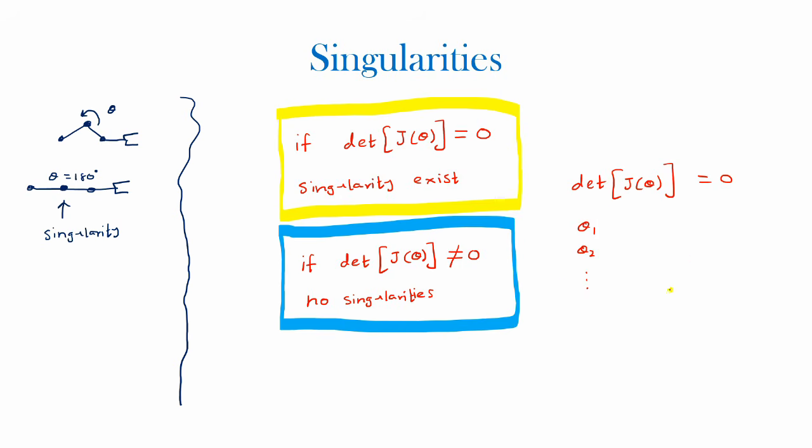And by equating this whole equation to 0, you would be able to calculate some values for theta 1, theta 2, or whatever the variables are there. And those values, so just for example, let's say theta 1 is 30 degrees, theta 2 is 60 degrees, these values would be the singularities. So you would not want the robot or the joints to reach these particular angles.